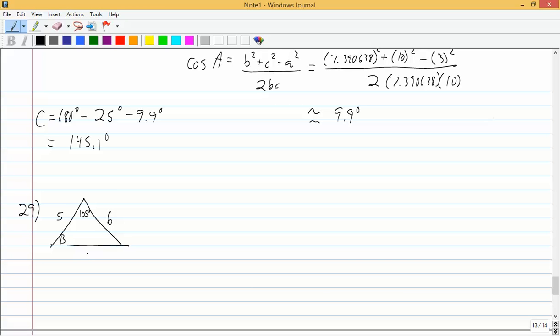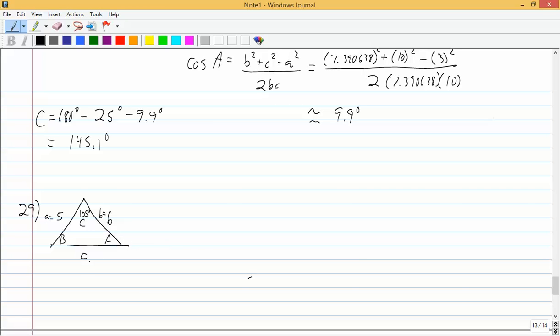This is angle B. This is side C. This is angle A. That means this is side A. This is angle C up here, and that would make this side B. Alright, so it looks like this is very similar to the last problem. So all I'm going to do is use the law of cosines because I don't have a side and an angle that I know.